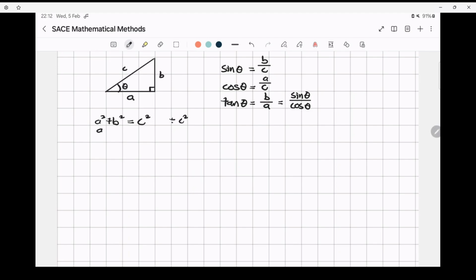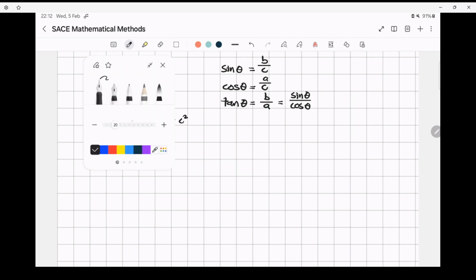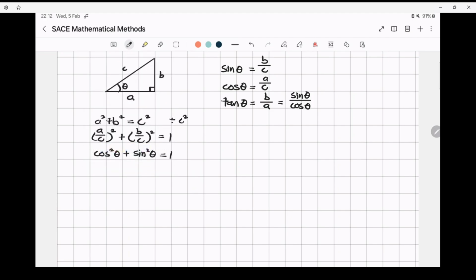You will get (A divided by C) squared plus (B divided by C) squared equals 1. A divided by C is cos, so cos squared theta plus B divided by C is sine, sine squared theta equals 1. So this is another definition that you need to know.